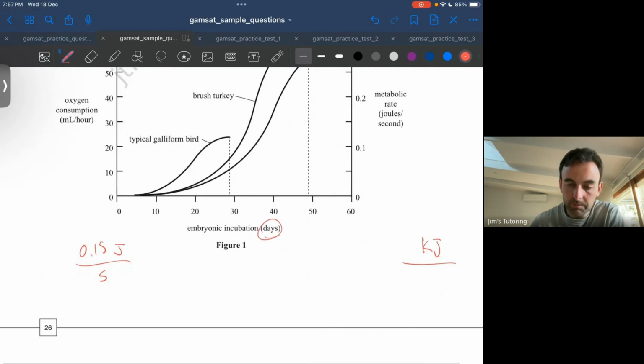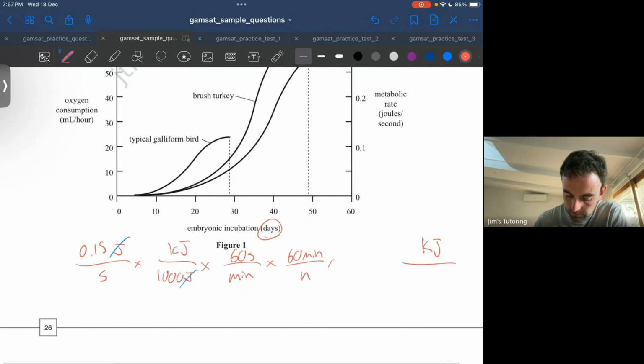We know we're going to need something in the realm of days. So we'll do times 1000 joules per kilojoule. That cancels out my joules. Times by 60 seconds per minute, times by 60 minutes per hour, times by 24 hours per day. All right, great.